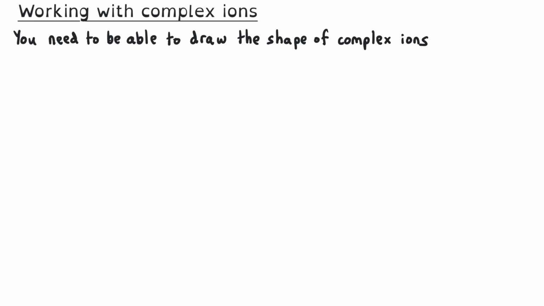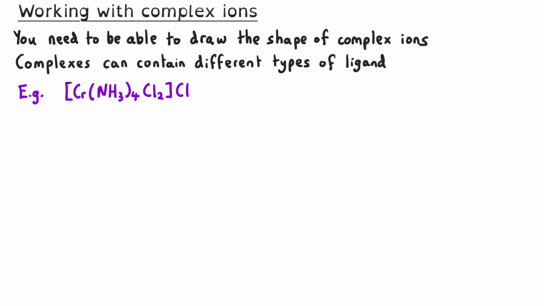You need to be able to draw the shape of complex ions. Typically, there will be an octahedral or tetrahedral shape, and it's most likely that it will include the ligands mentioned in this video, but it might be for something unfamiliar. Complex ions can contain more than one different type of ligand.